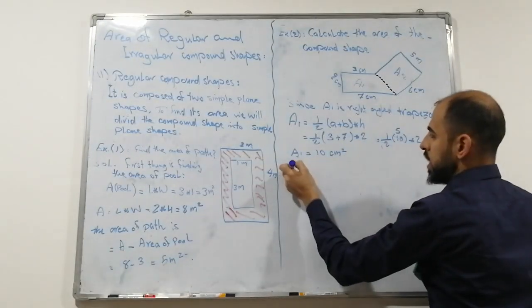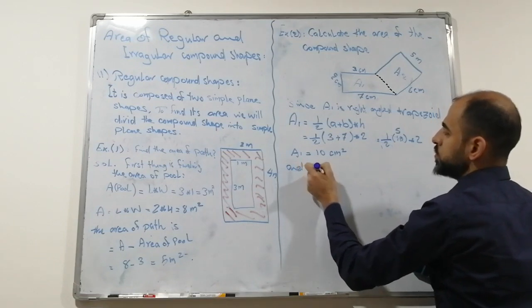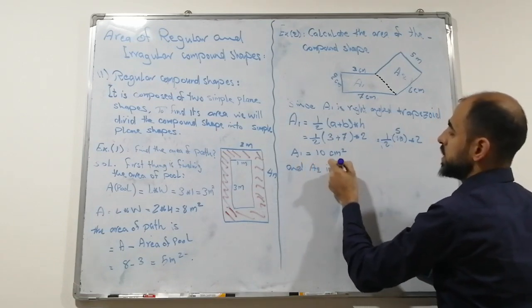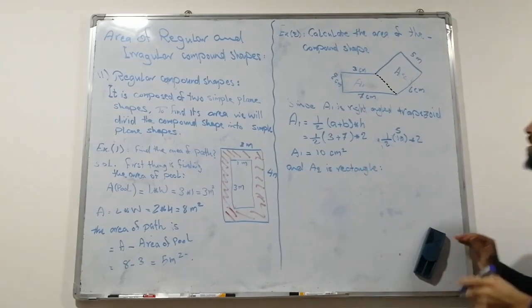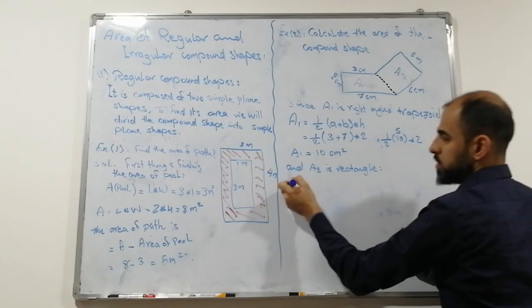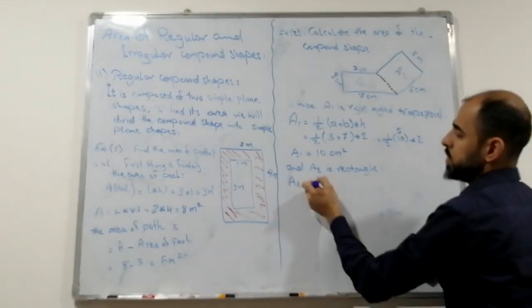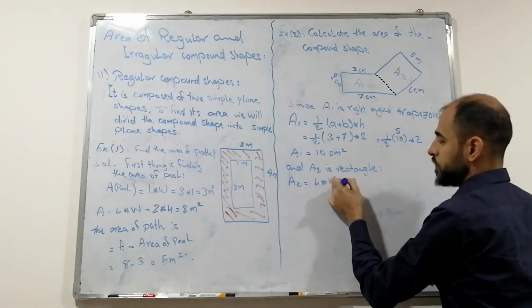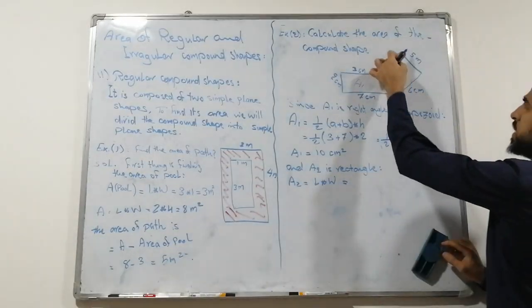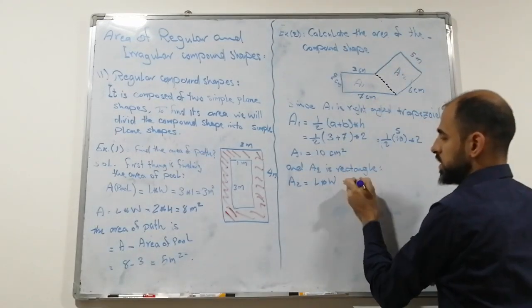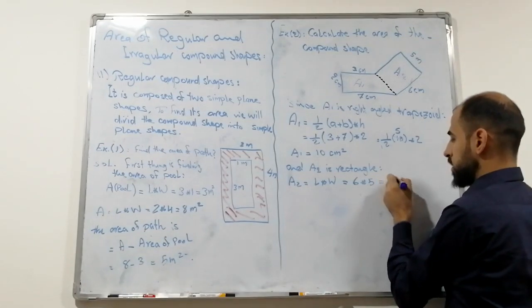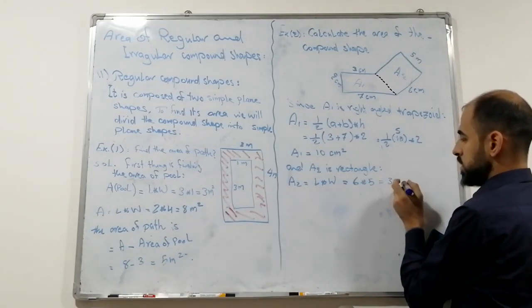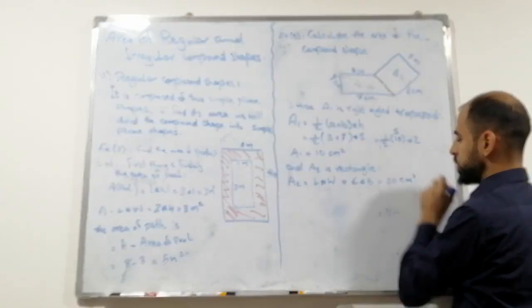Now, A2 is a rectangle. So we will use the law of area of rectangle to find A2, which is length by width. Here we have the length is 5 or 6, multiplying by width, then it is equal 13 centimeter to the power 2.